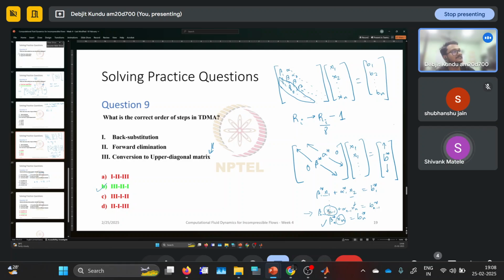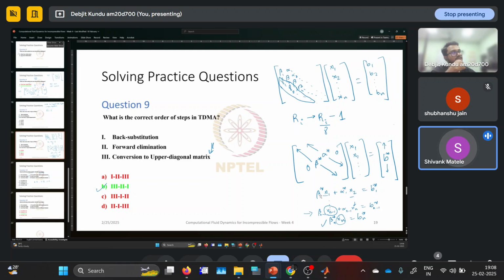So that gives me xn minus 1. Then I keep going above and above in a similar way. In the next equation after this, I will have xn minus 2 and xn minus 1. Since I've already found out xn minus 1, that will help me find out what xn minus 2 is. And that way I keep going back until I find out x2 and x1.